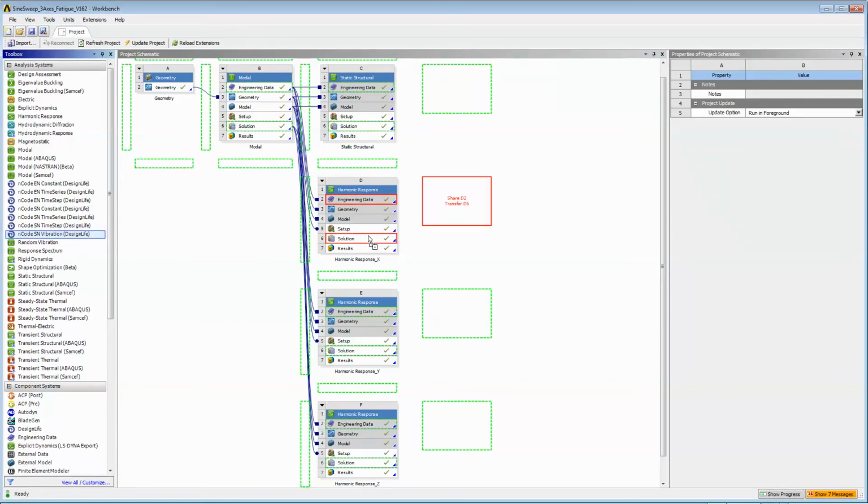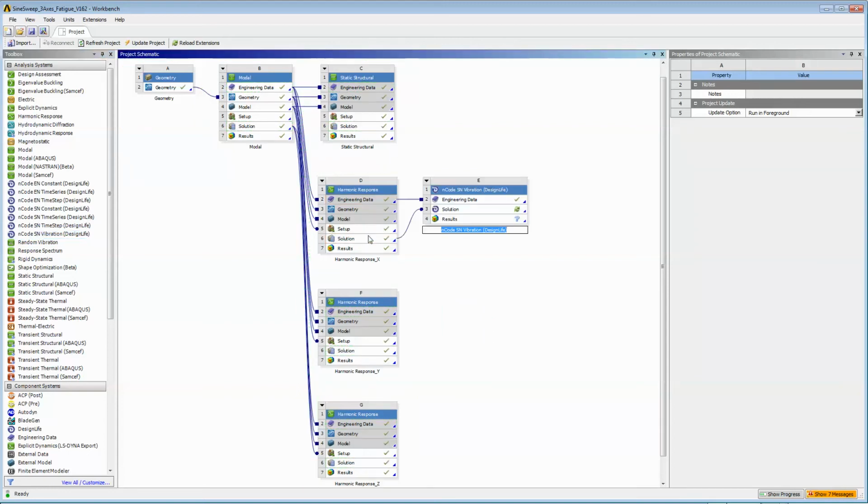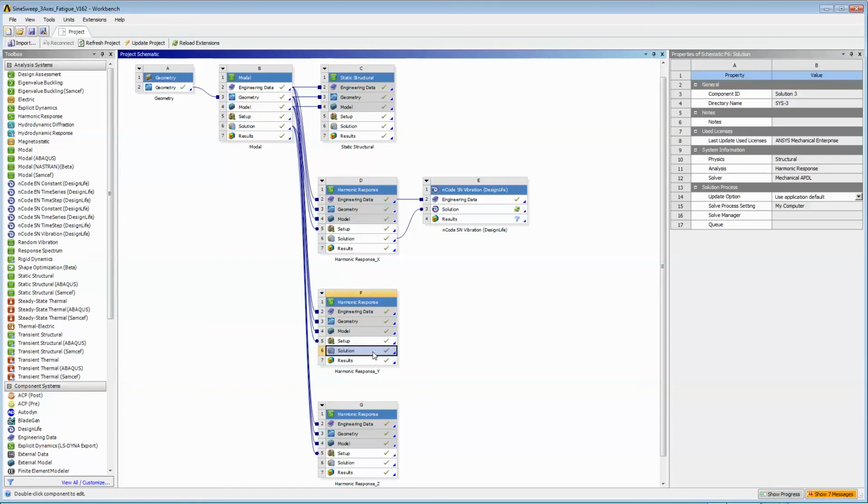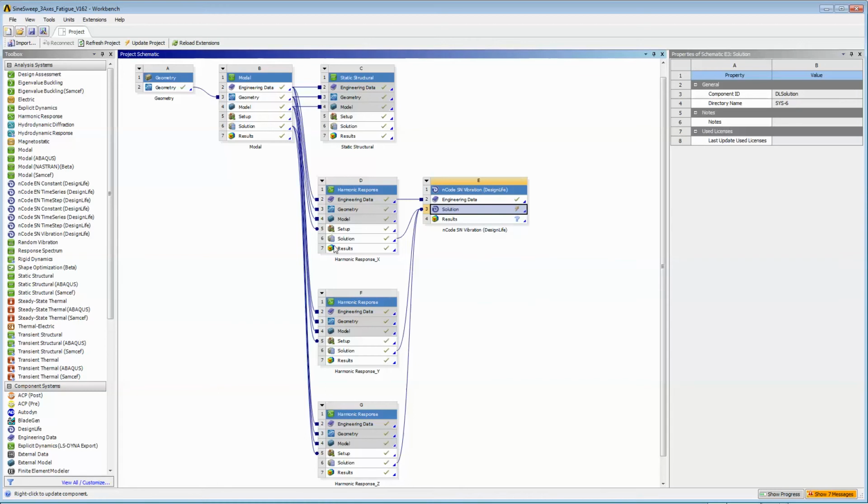Drag and drop this on any one of the harmonic analysis systems' solution cell, so I do here. Then we need to link all the three harmonic analysis system solution cells to the nCode analysis system. This way, it will read the result files generated from these three harmonic analyses.